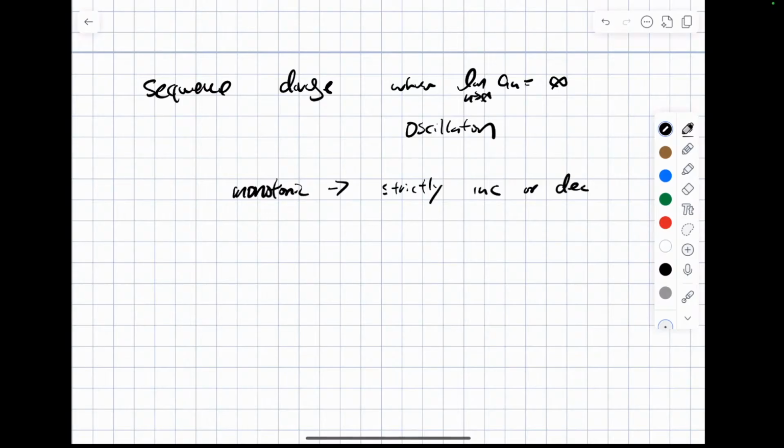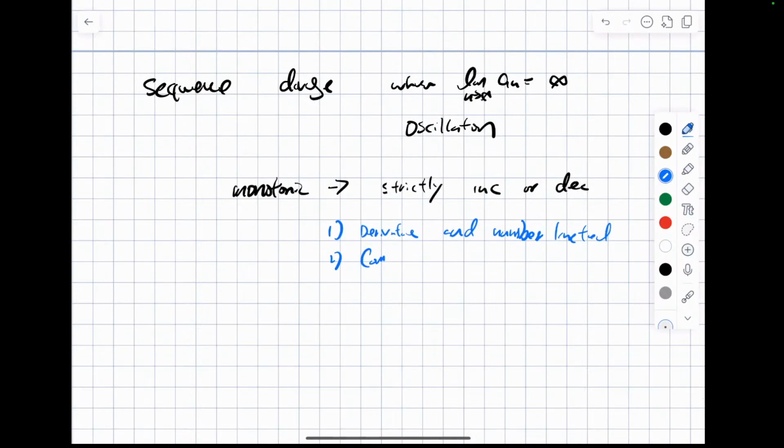So that's monotonic. How do we prove that? There are two ways to prove that. Derivative and the number line test. And the second one, you can do a ratio or compare a to the n plus 1 versus a to the n.